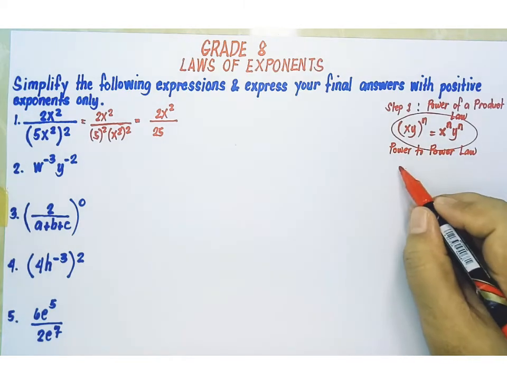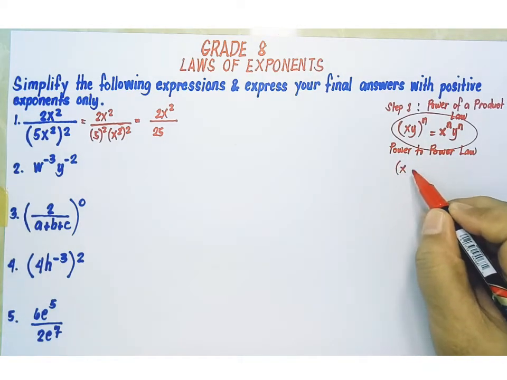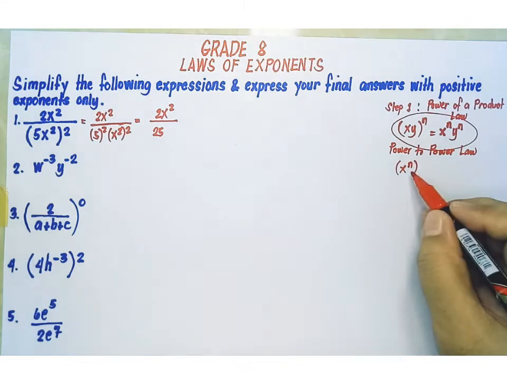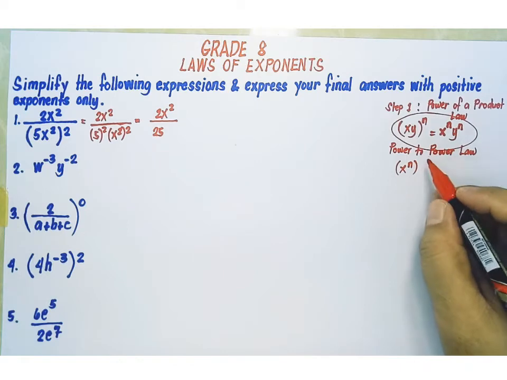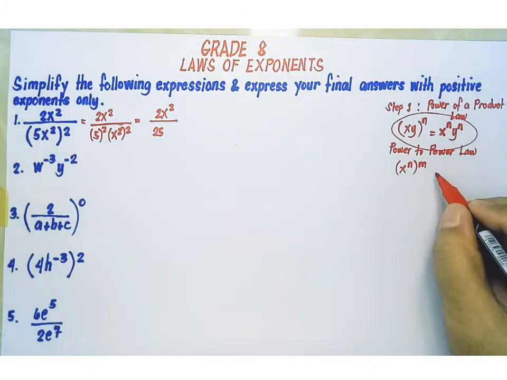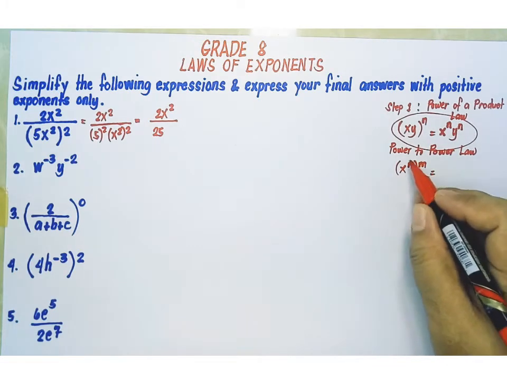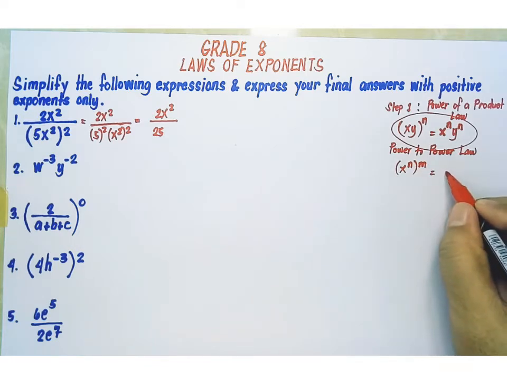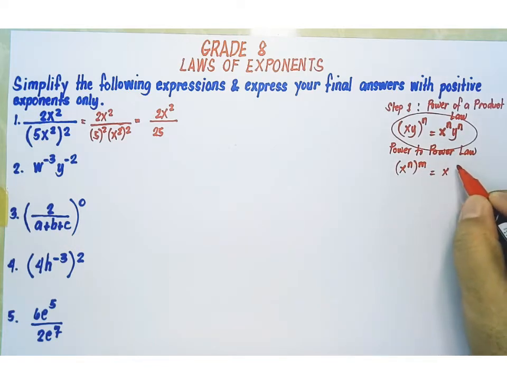So, for example, you have x raised to n and you raise it to another power, let's say m, the power-to-power law states that when you raise a power to another power, you copy the base and multiply the exponents.